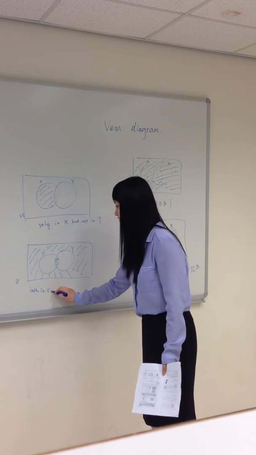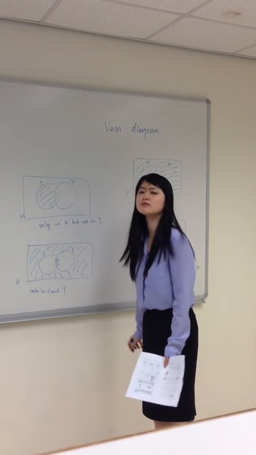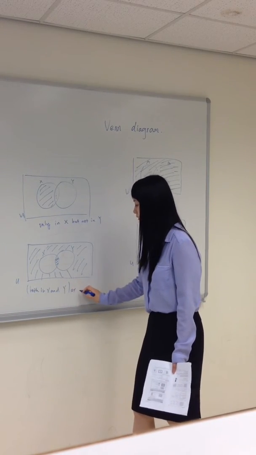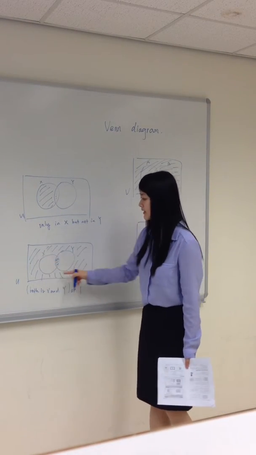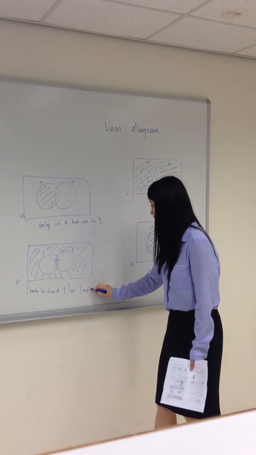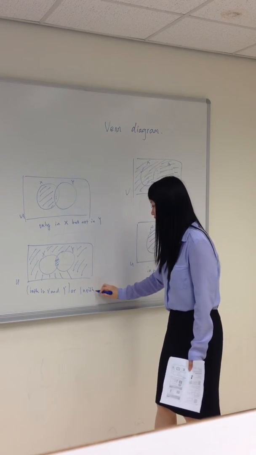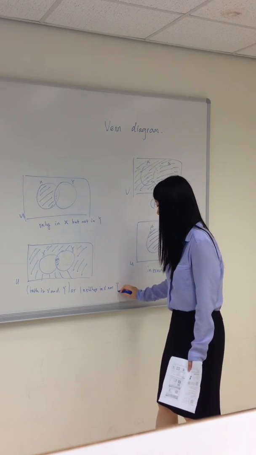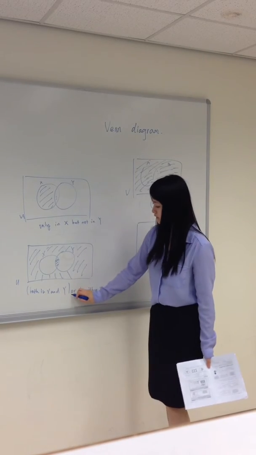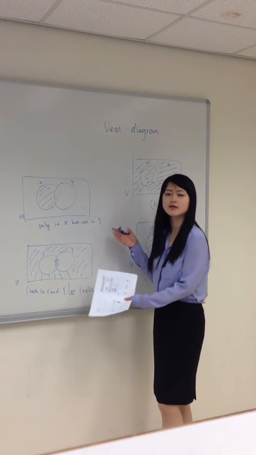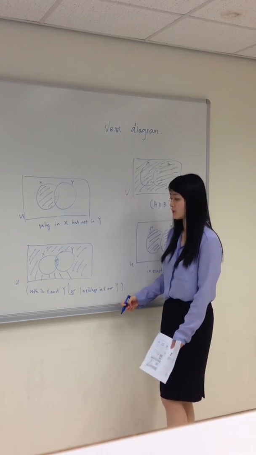Both in X and Y. Now this one would be neither in X nor Y. So here, if we use or, it means they can happen at the same time, just like addition of numbers.